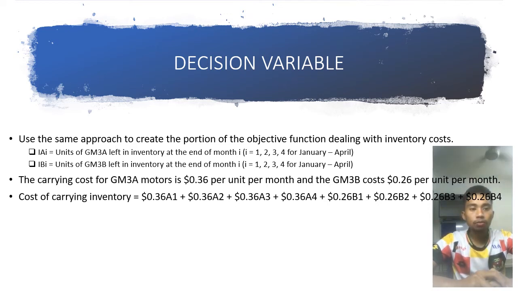The carrying cost for GM3A motors is 0.36 per unit per month, and GM3B costs 0.26 per unit per month. Monthly ending inventory levels are used for the average inventory level. We can see the cost of carrying inventory.